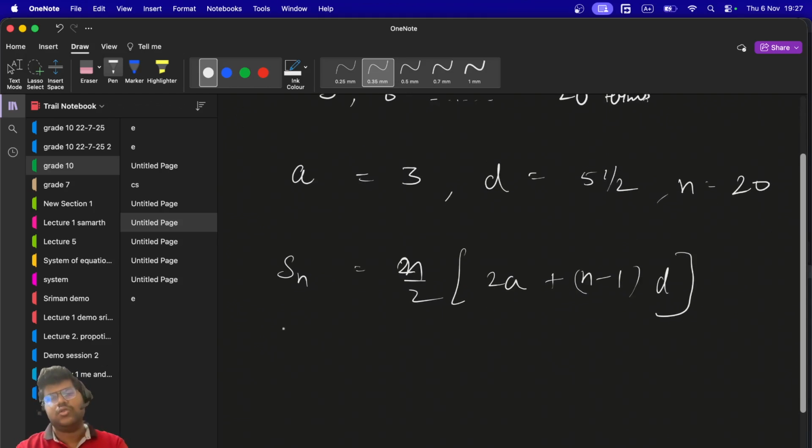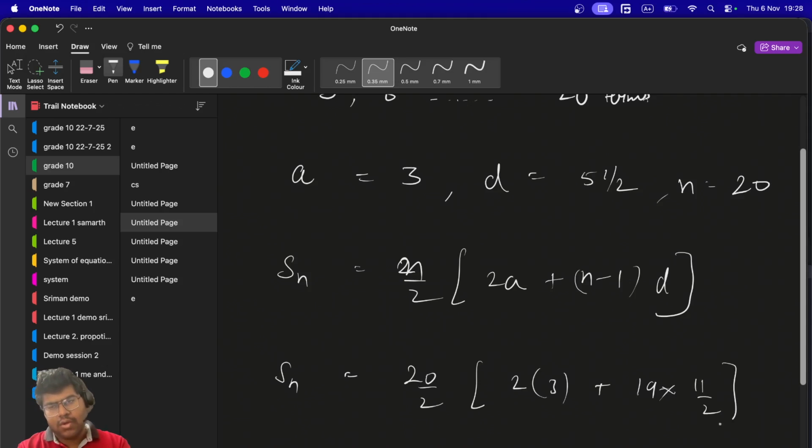right? So then Sn equals 20 over 2, 2 times 3 plus 19 times d, which is nothing but 11 by 2, right?